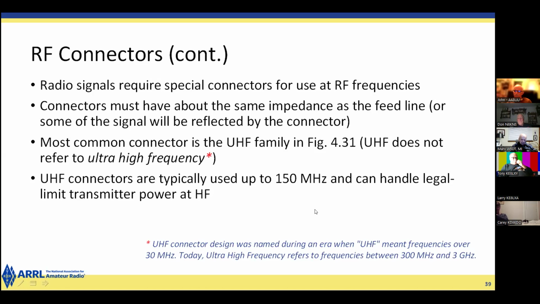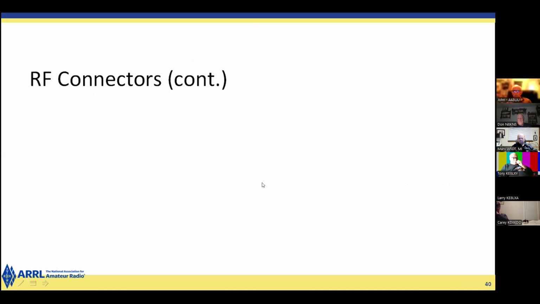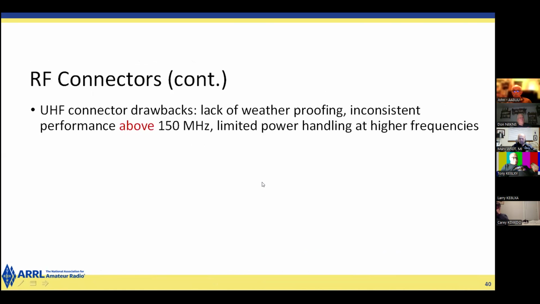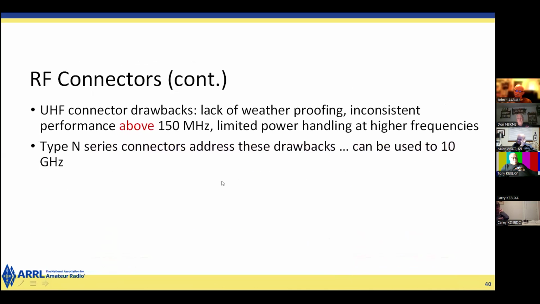Yep, that was the beginning of radar, World War II, I believe. UHF connector drawbacks: lack of weatherproofing, inconsistent performance above 150 megahertz, limited power handling at higher frequencies. And there are more problems. They are the most commonly used with ham radio, though.